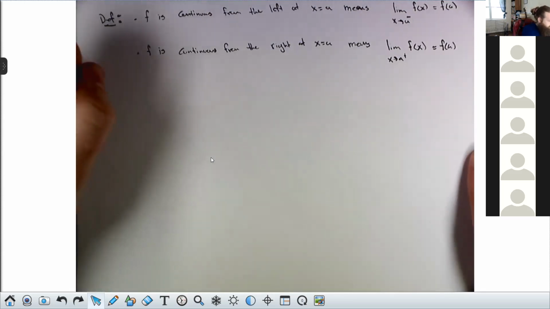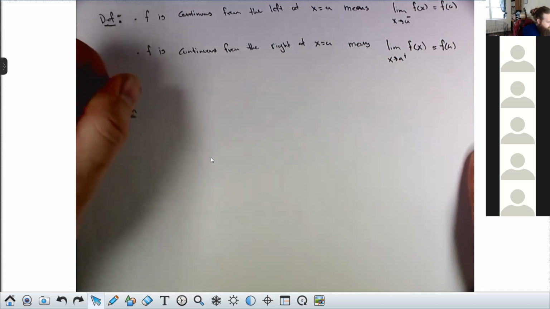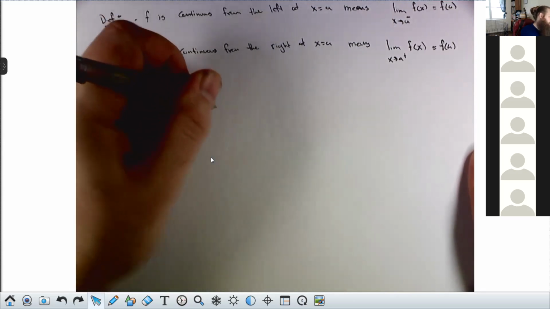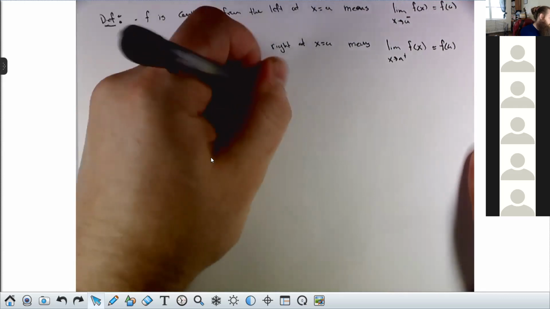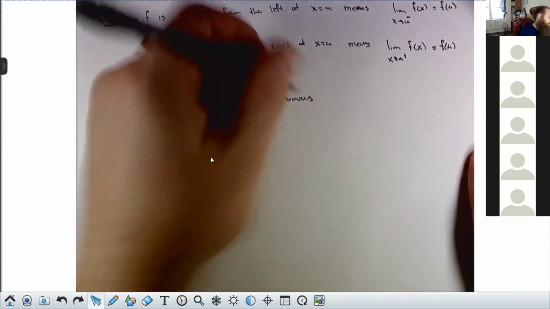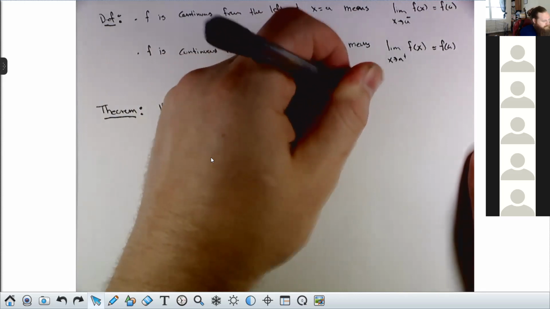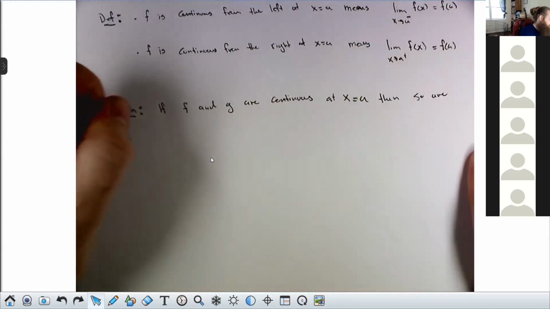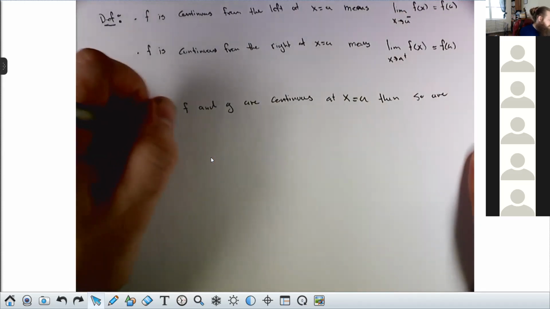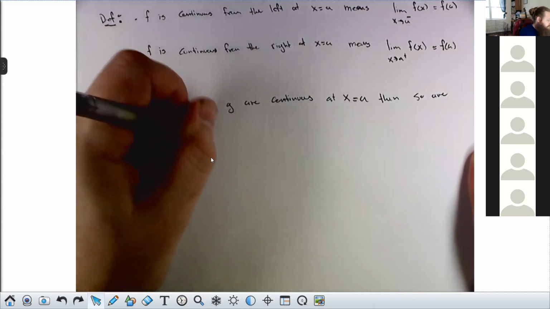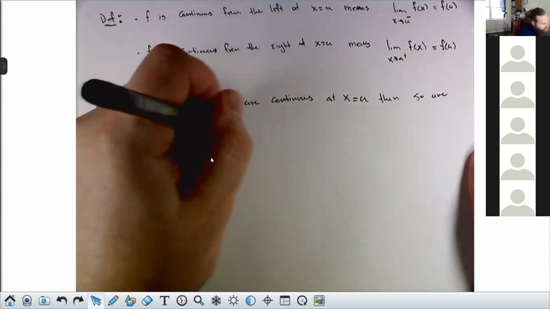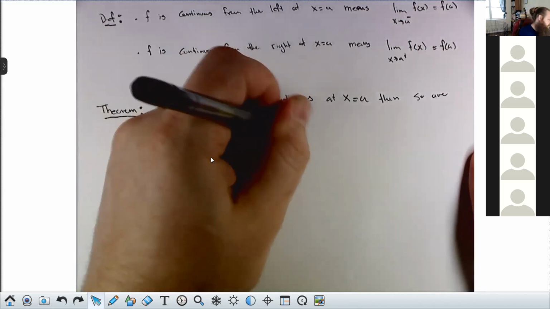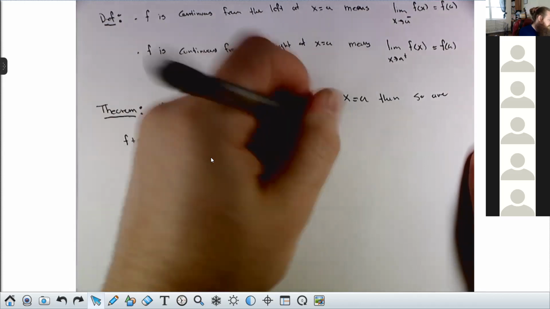Okay, theorem. If f and g are continuous at x equals a, then so are f plus g, f minus g, f times g, f over g, as long as g of a is not 0.